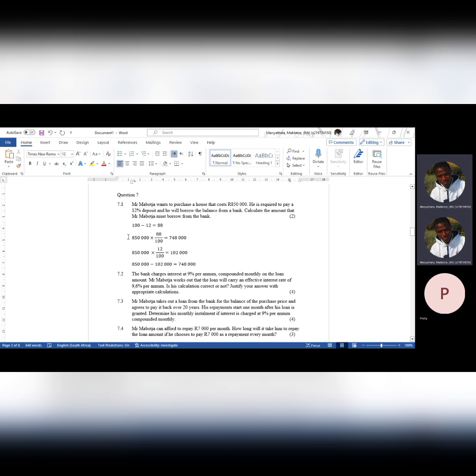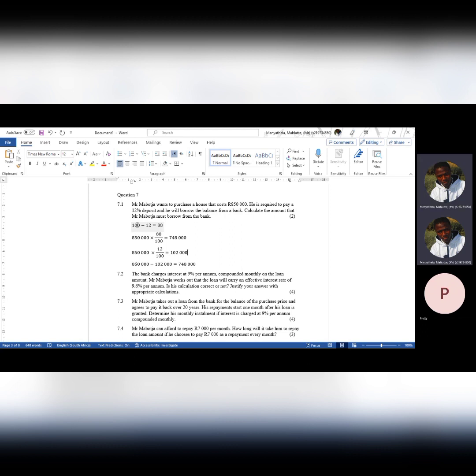If they said it was an increase, then you were going to add this 12% to 100%, and then it would be 112, and then you'd say 850,000 times 112 over 100. But because it's a deposit, it's a decrease.